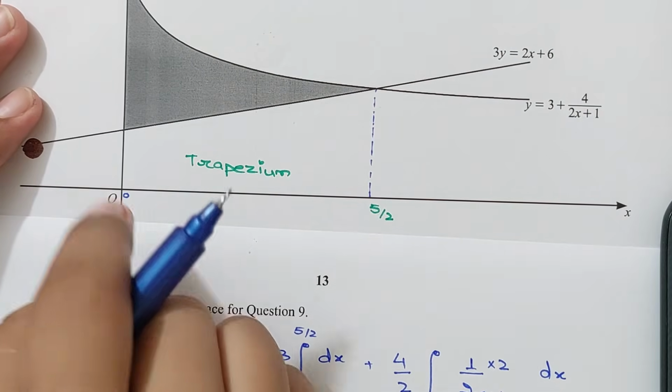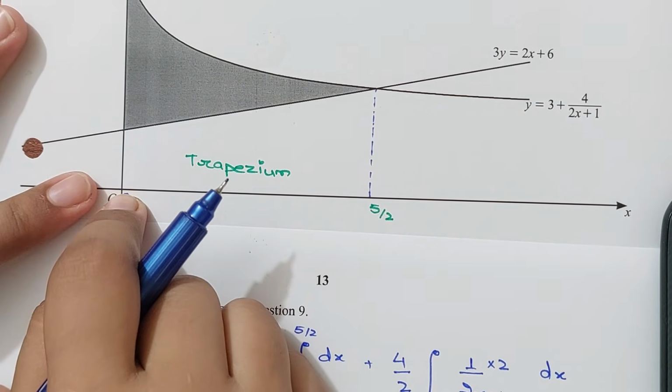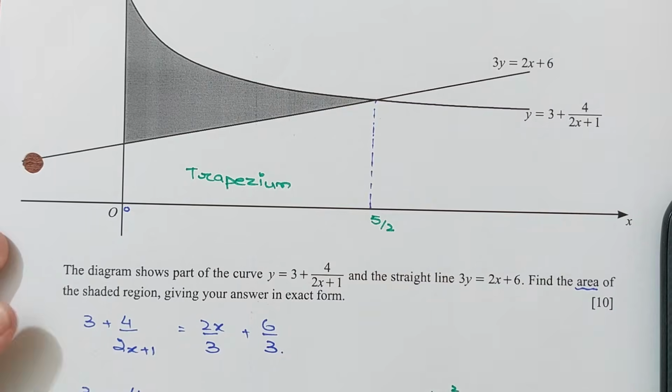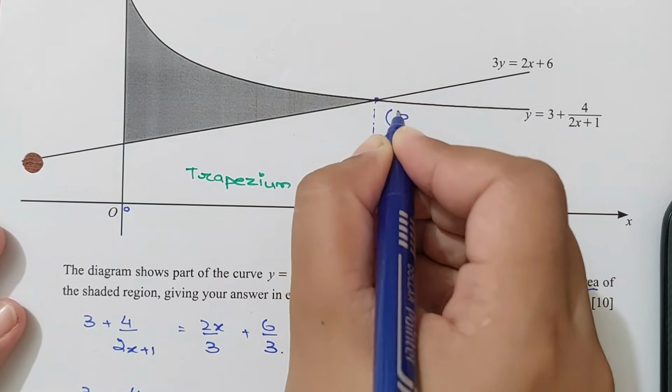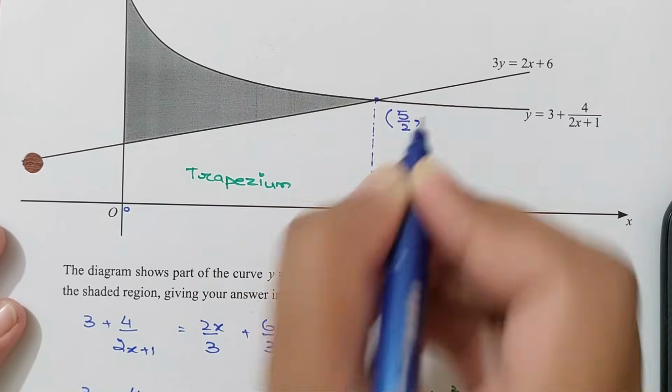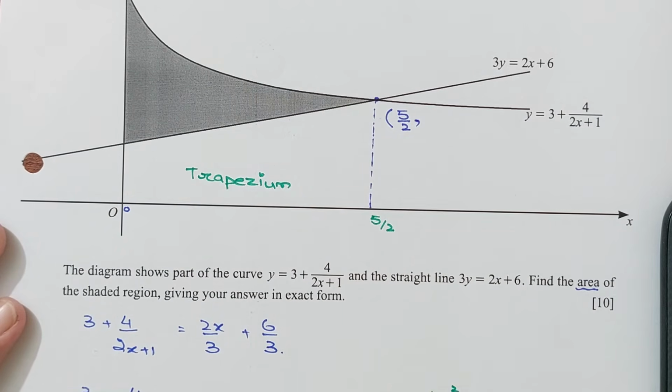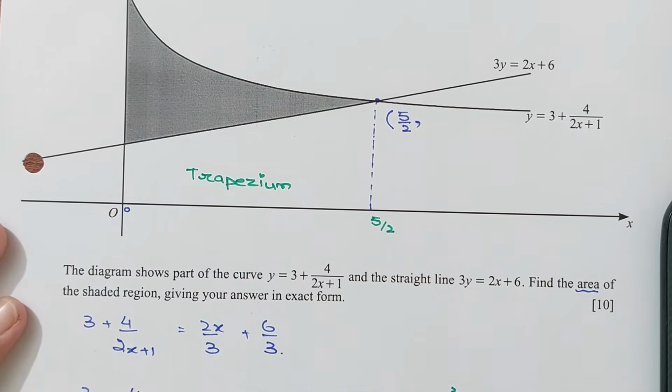What is b1 and b2? Okay, so this is b1 and b2. So at the point of intersection, we have the x and y coordinate. The x coordinate is 5/2. Let me solve for the y coordinate, right? For the y coordinate, you can substitute the x value into either of these two equations.